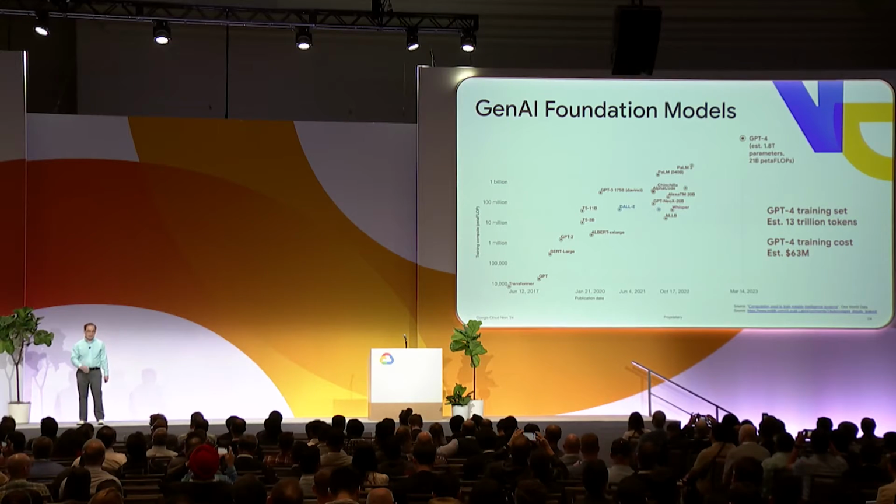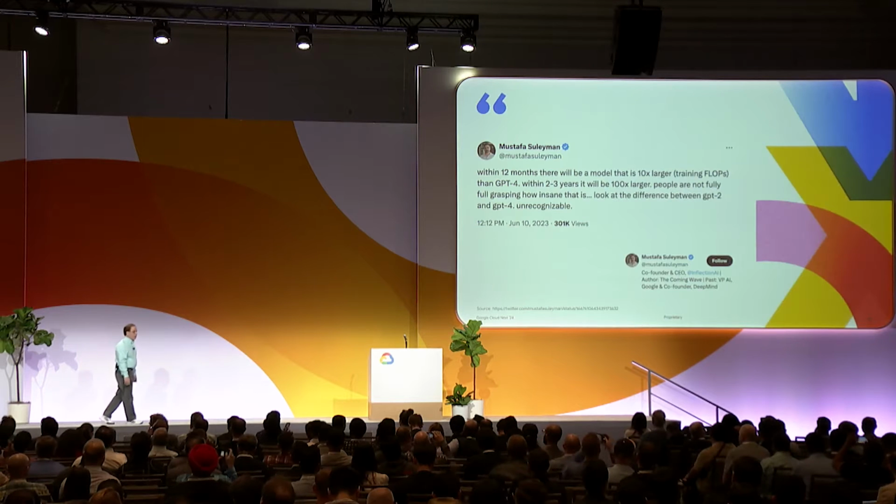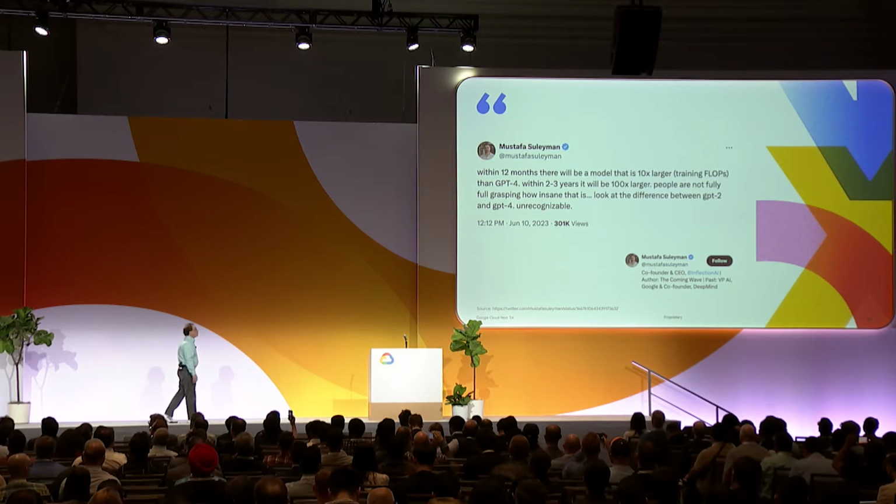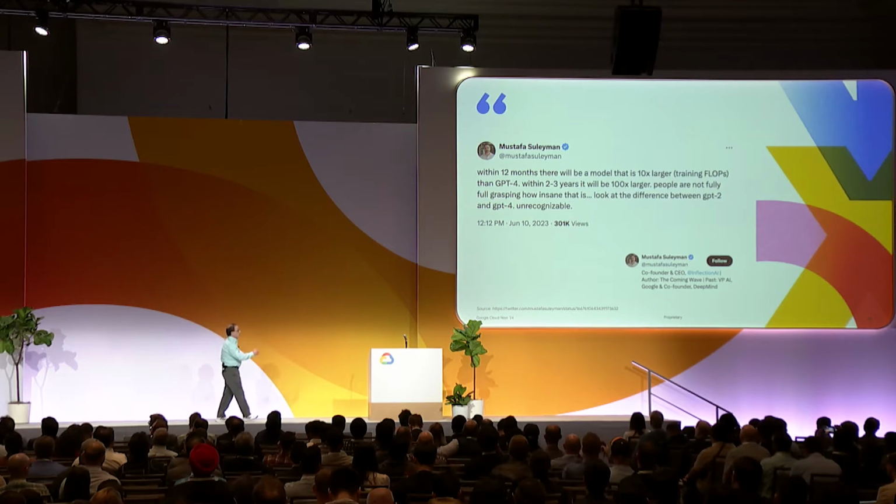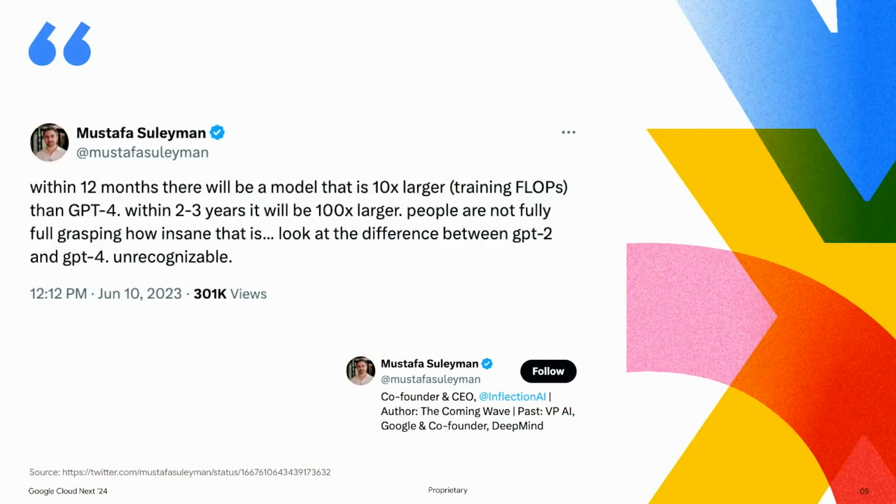A data set with 13 trillion tokens, 13 trillion, and something like $63 million for each training run. Now, these are estimates. And people who should know, like Mustafa Suleyman, who's one of the co-founders of DeepMind, expect that this is going to continue to grow at a fast rate.